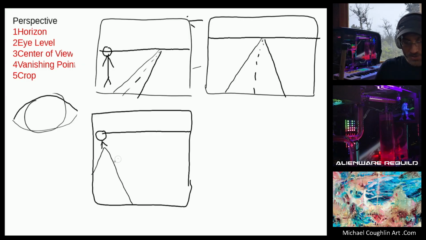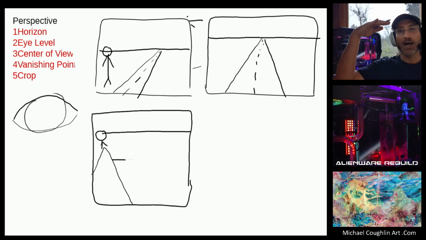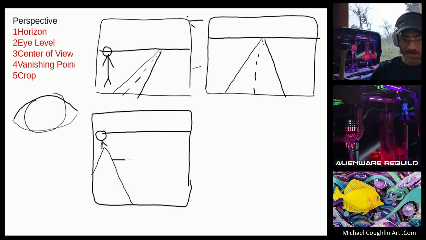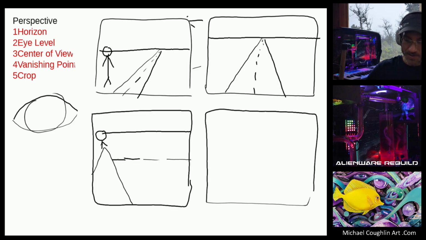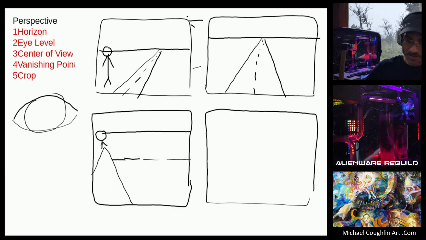You're going to observe that your eye level is actually slightly higher than the horizon line. What does that picture look like? They're standing on a mountain. The horizon line is going to be lower than where their eye level is. Here's the river.